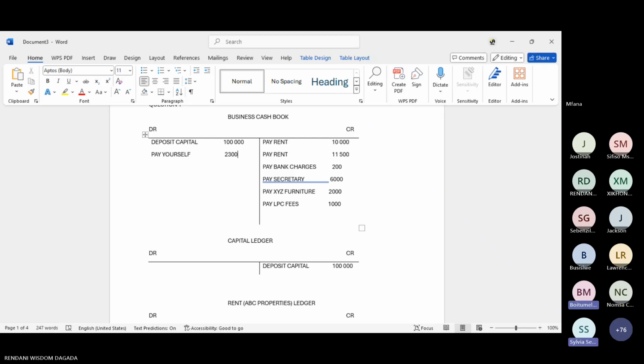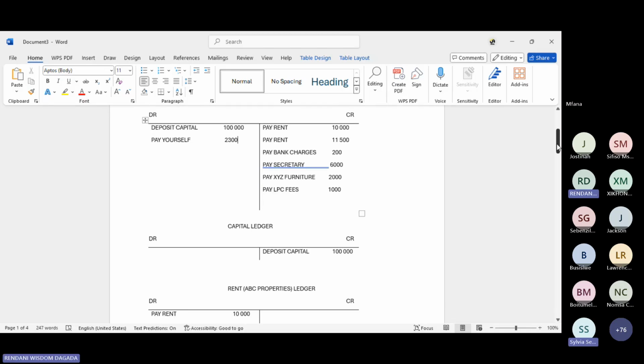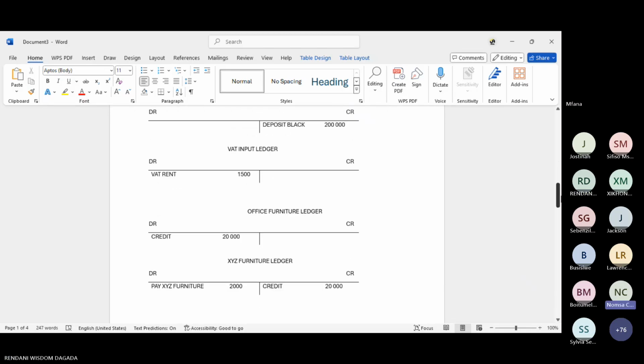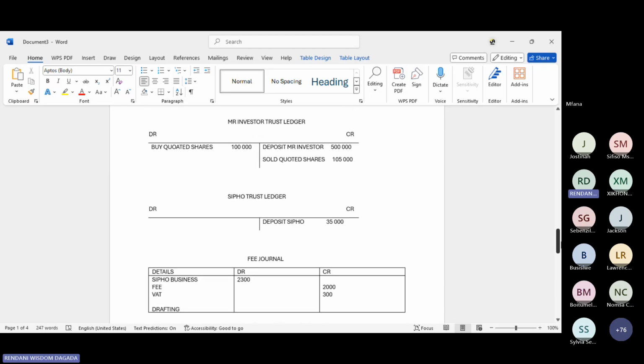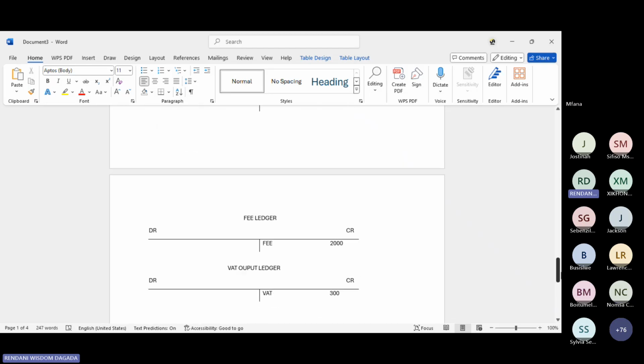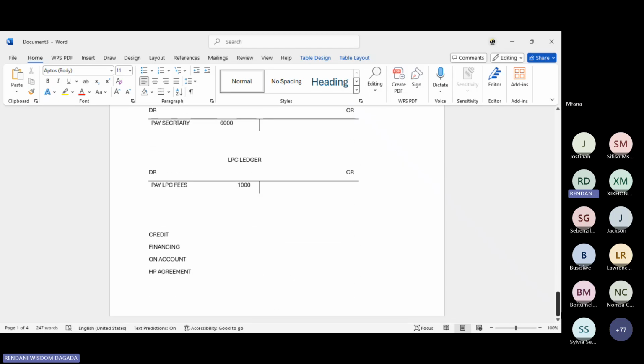Transfer journal. You trigger the transfer journal. So every time there's movement of money between the TCB and the BCB, you trigger the transfer journal. That is what comes after that. Some people do believe that the transfer journal comes before that step. No, it doesn't.